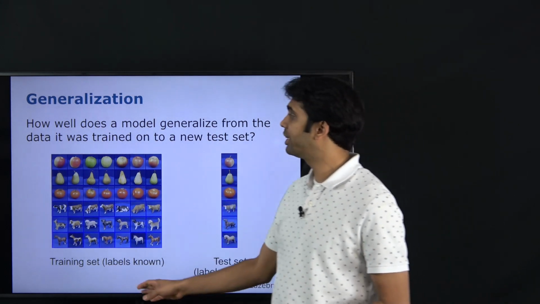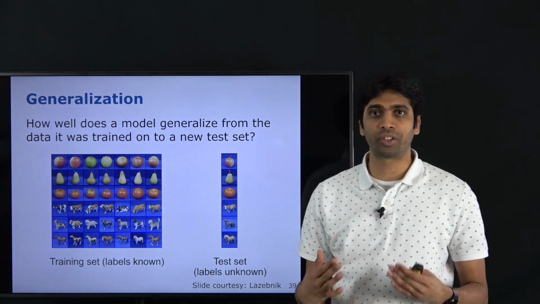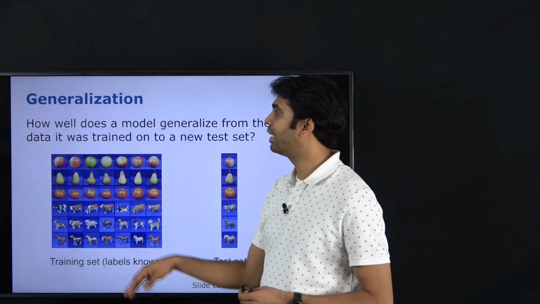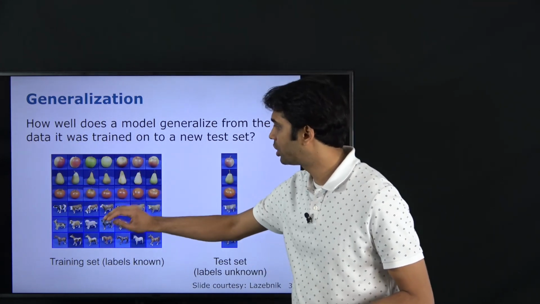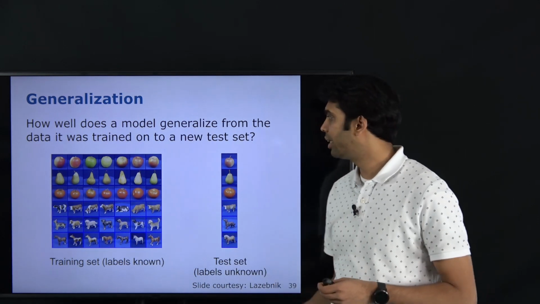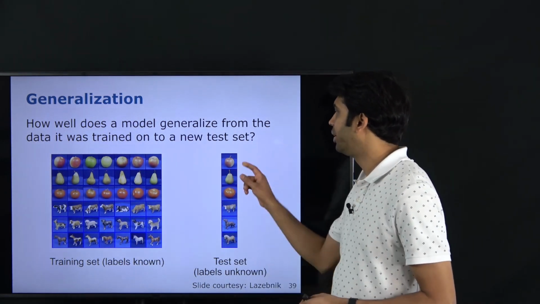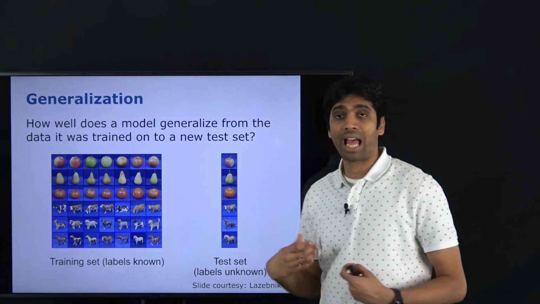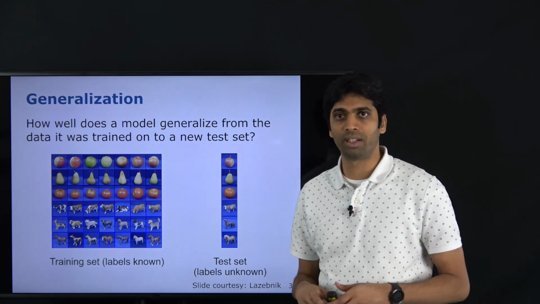So what we see here, for example, this kind of matrix here represents the training data. So for example, if you're designing a classifier which determines what are apples, pears, tomatoes, cows, dogs, whatever your application is, and the question is, okay, given a new image of an apple, is my classifier able to say that it's an apple, right?